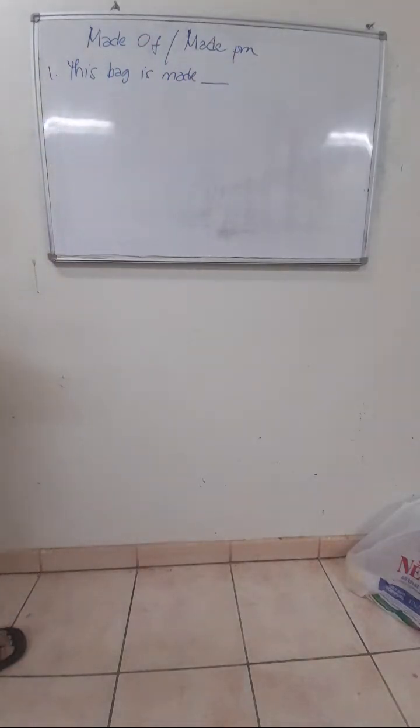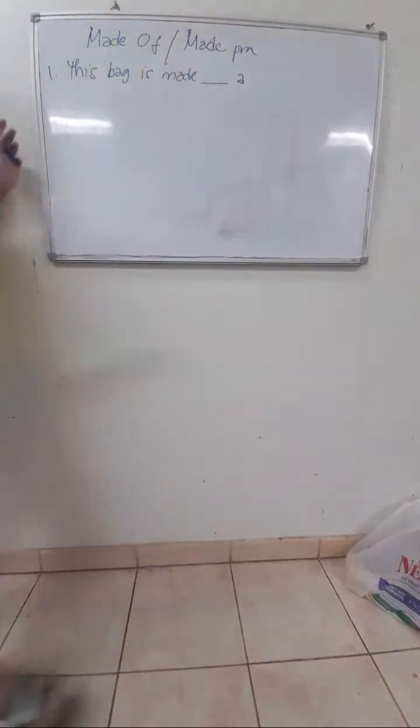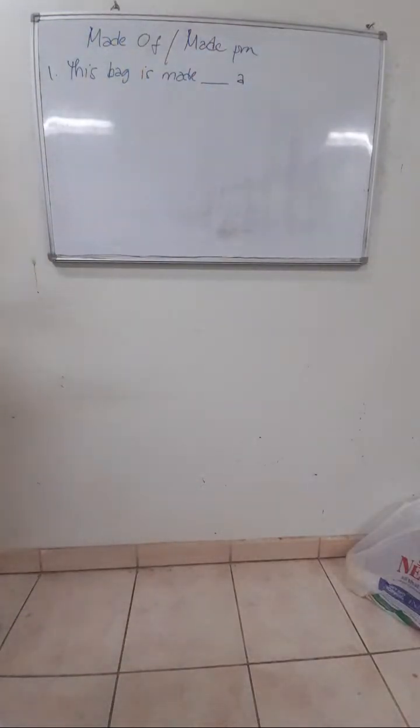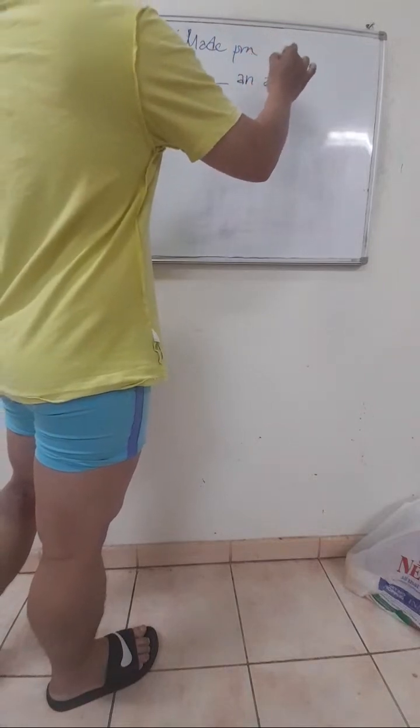Let's say fiber materials, or animal skin. Please forgive me, this is on the spot. It's not easy to think of words you didn't prepare, right? So this bag is made blank animal skin. Okay, what else?